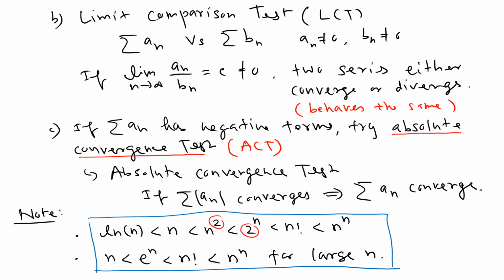So these are the problems that we can try under this technique. So you can try these problems under these comparison tests. So exercise, you can try this. Sigma n going from 1 to infinity, 1 over n squared plus 1. You can compare this one with 1 over n squared.